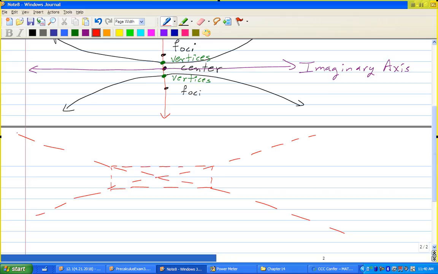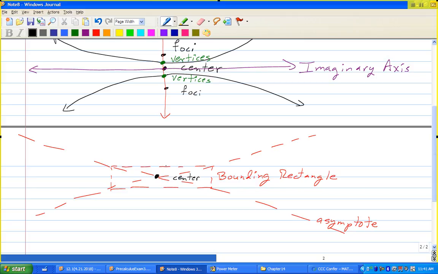Okay, so this is called a bounding rectangle. And each of these lines would be called an asymptote. My center will be where these two asymptotes, the two diagonals of the bounding rectangle, intersect.